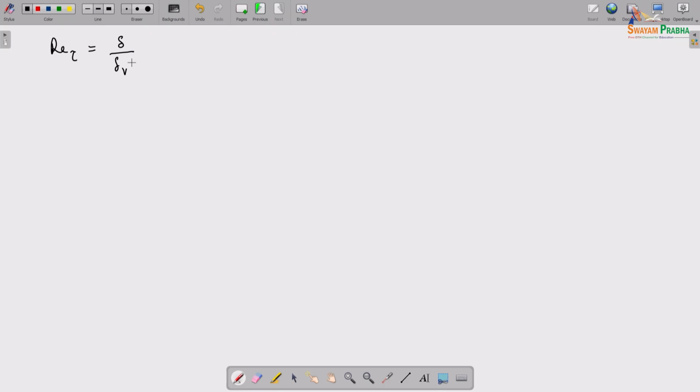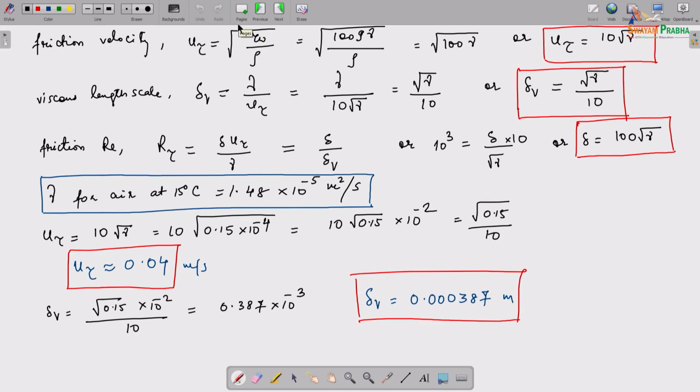This is what we have now, and here, okay, is this, then this is equal to 10 to the power 3, which is given to us, right. Therefore, delta is equal to 1000 times delta v, right. Did you calculate delta v? Yeah, delta v we did calculate, right.